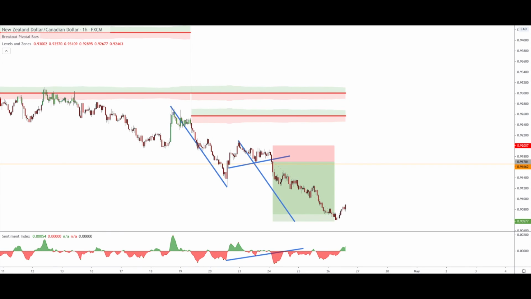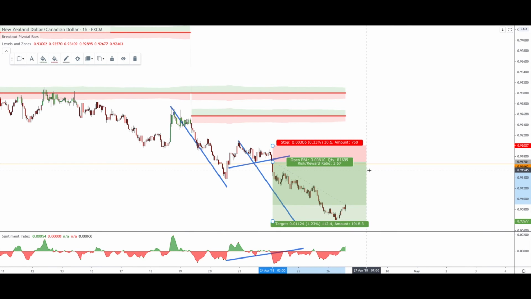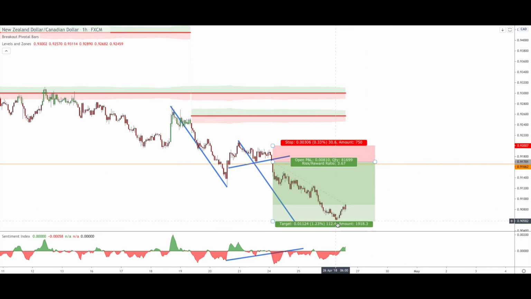Okay, so we are a little bit unlucky because we almost touched our target, but unfortunately we didn't, and the price is retracing a little bit. Let me extend this so that it's clear. So we barely missed the target, so we must wait a bit more.